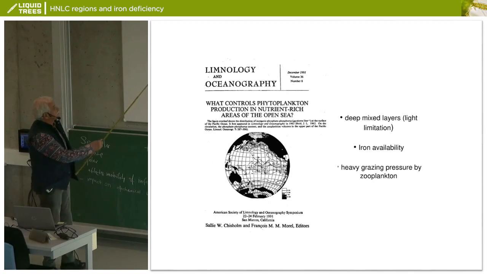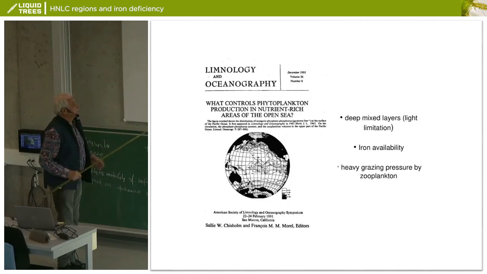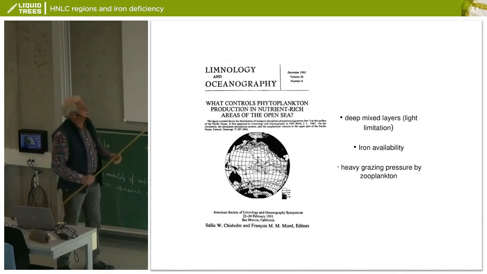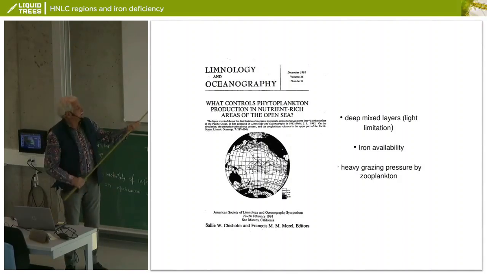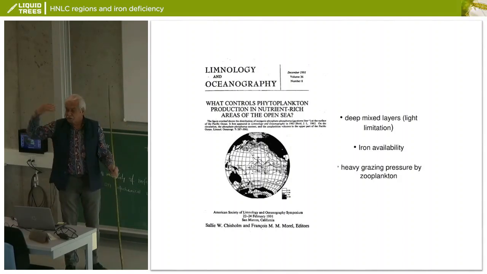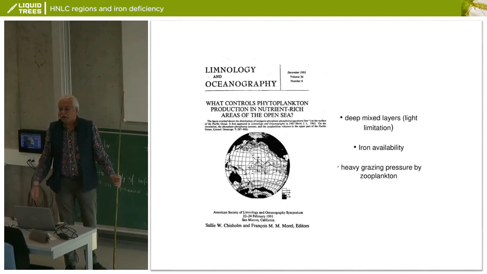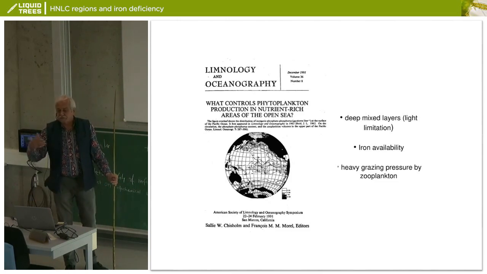The nutrient-rich areas are here: the subarctic Pacific, the equatorial upwelling, and the Southern Ocean. So this is a diagram which I'll show later on. The explanations were, first, deep mixed layers, so that the phytoplankton were light limited. This applies to the Southern Ocean, where you have deep mixing, so you could assume that the phytoplankton are not able to use the nutrients because there's not enough light.